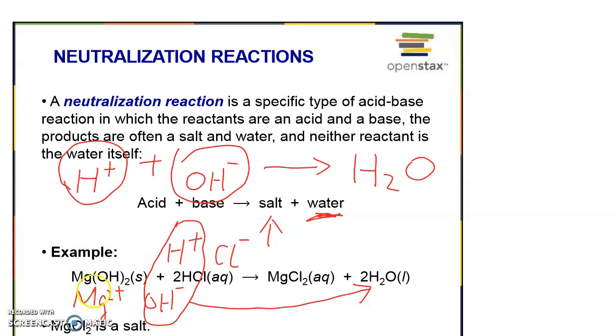What about the rest, Mg and Cl? Mg and Cl will be in water, and we call this combination a salt. So a salt is an ionic compound that is soluble in water. Just remember, an acid-base reaction is a combination of an acid and a base, and it's going to yield a salt and water.